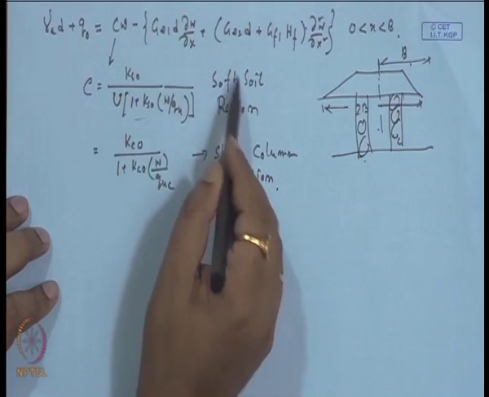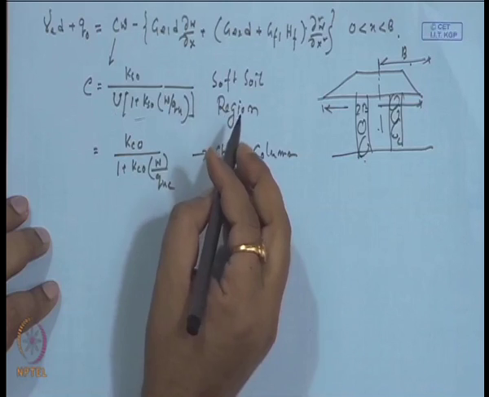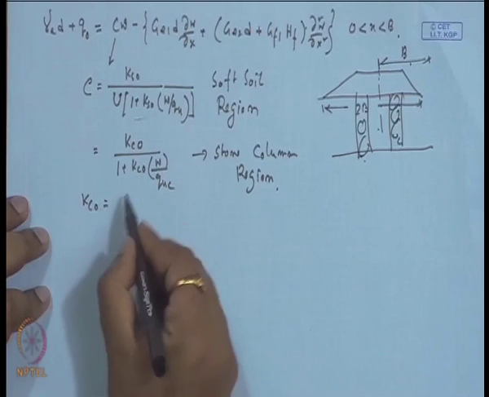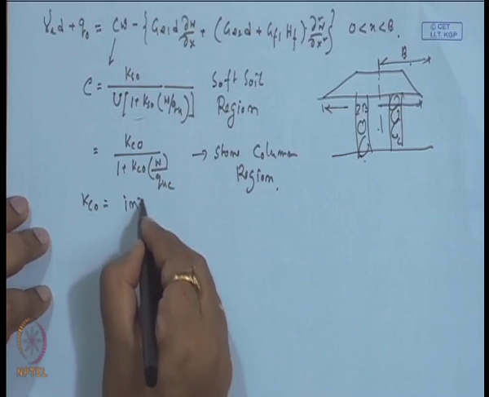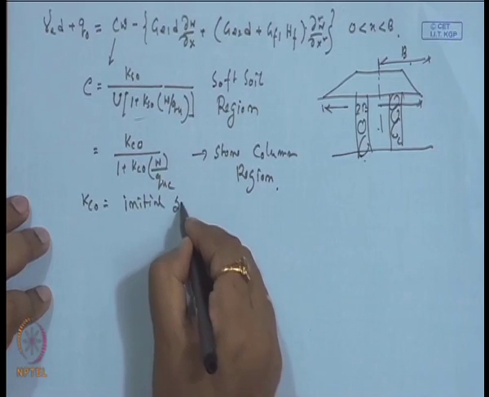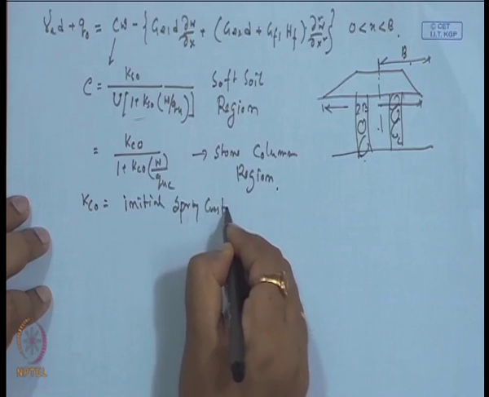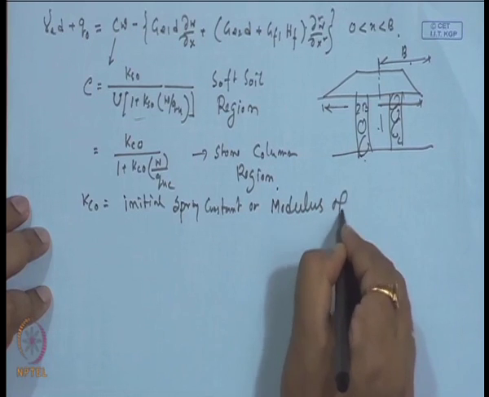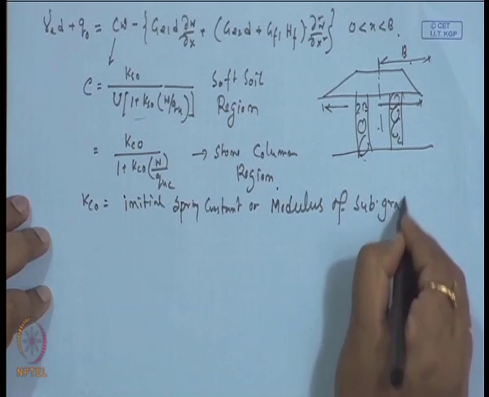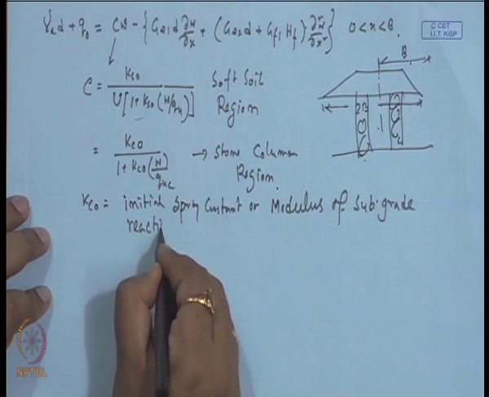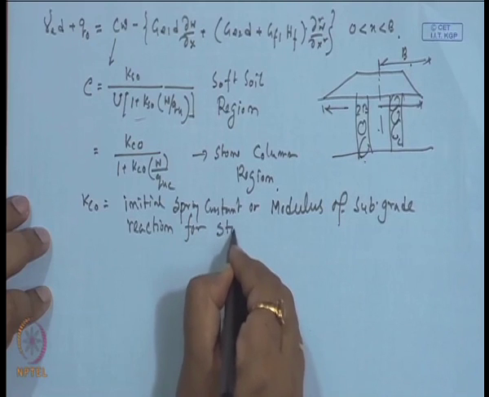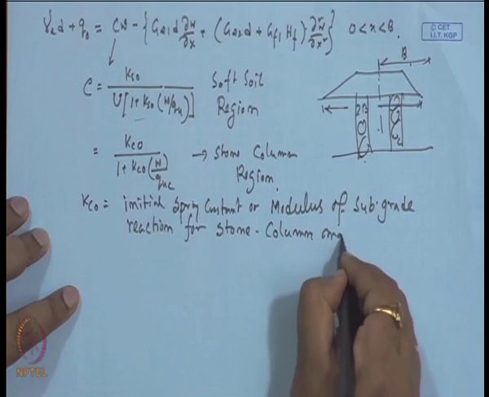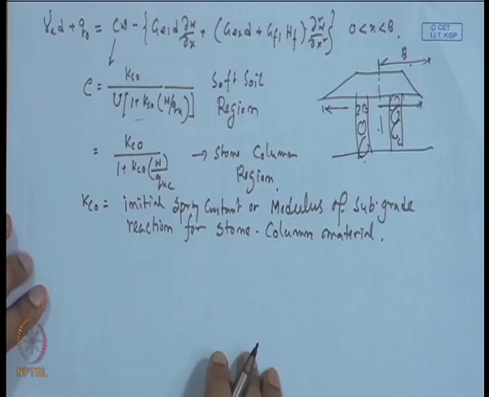So, this degree of consolidation we have to use here, and for the stone column region, k c 0 is the initial spring constant or modulus of stone column material.